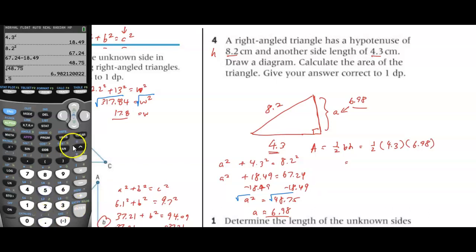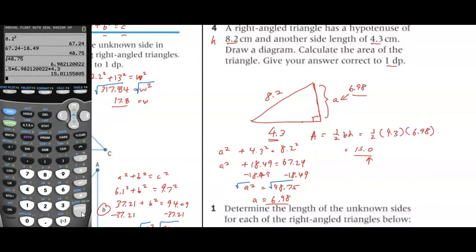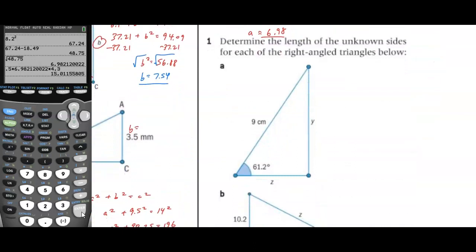So 1/2, which is 0.5, times 6.98 times 4.3. So the answer is 15.0. So that's the area, correct to 1 decimal place.